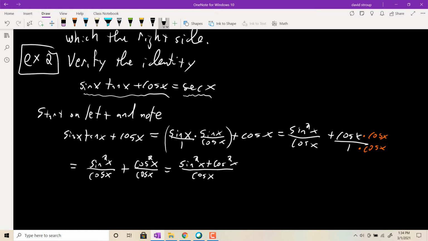Because you may see that sine squared plus cosine squared is the Pythagorean identity. That's just equal to 1. So I substitute 1 for sine squared plus cosine squared, and I get 1 over cosine. And 1 over cosine, well, hey, that's just secant, right? Which is what I wanted to show. That's the right-hand side. So finish off the statement with something that tells the reader what you've just done.